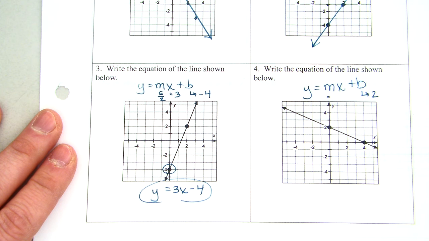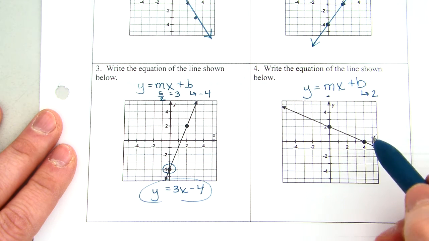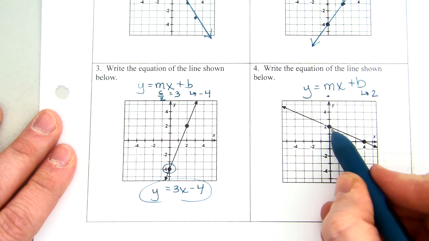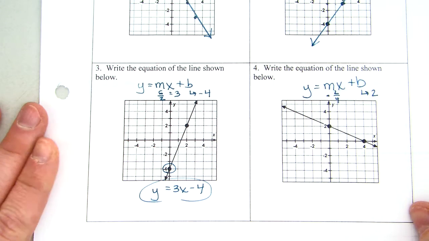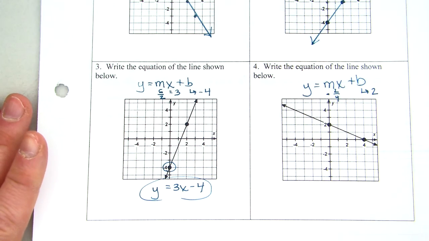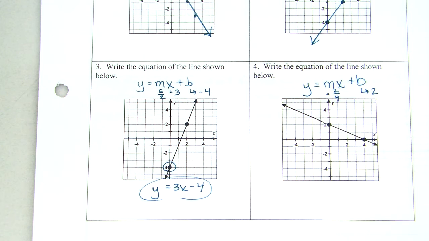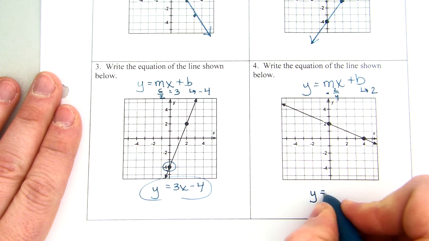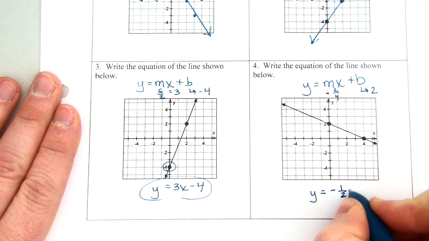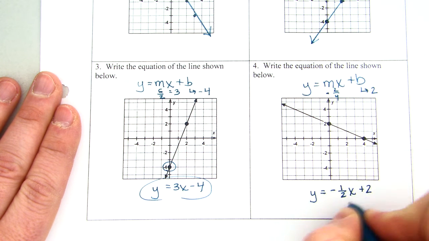What's your run? Yeah, so what did you say originally for your rise and your run? Negative 2. Good, over 4, and I like that you simplify that, and now because the denominator is the bigger number, I know I'm going to get a fraction rather than a whole number answer here, so I like that negative 1/2 that you just said. We're going to say y equals negative 1/2 x plus 2.